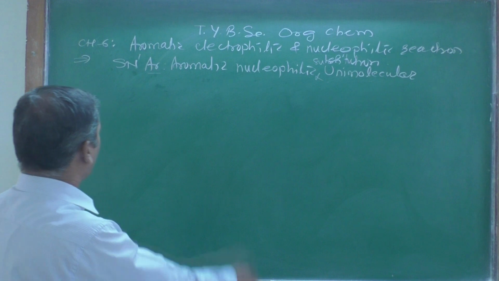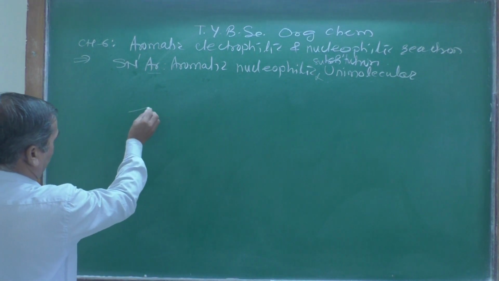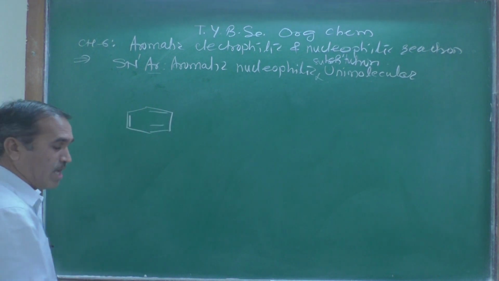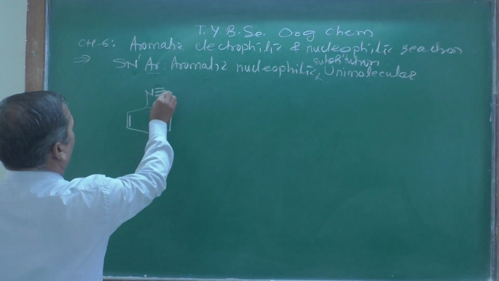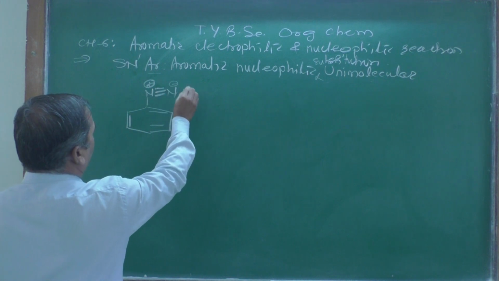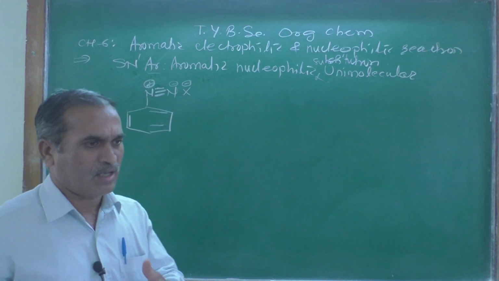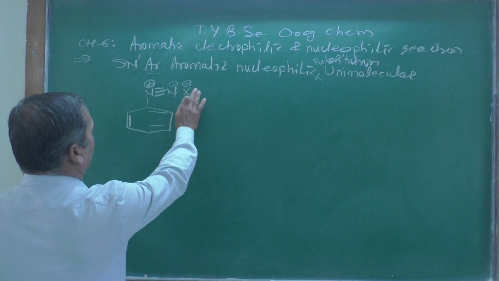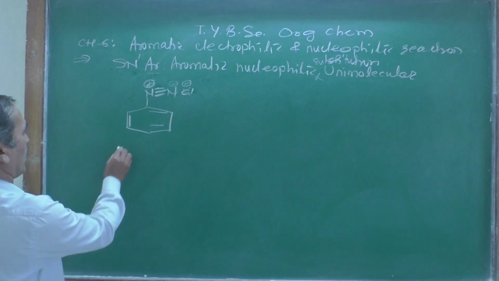But in this case, what is going to happen? I am directly writing the diazonium salt here: N triple bond N with positive charge, and negative X, when the aniline is treated with HCl. Generally here you can write chloride, Cl, and this is called a diazonium salt.